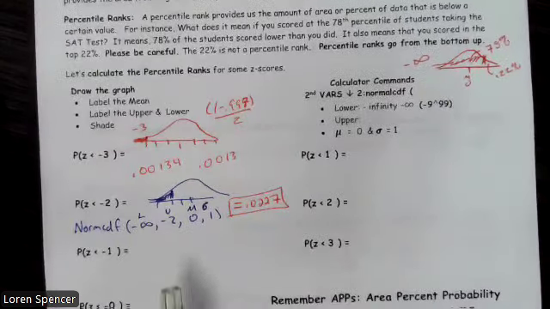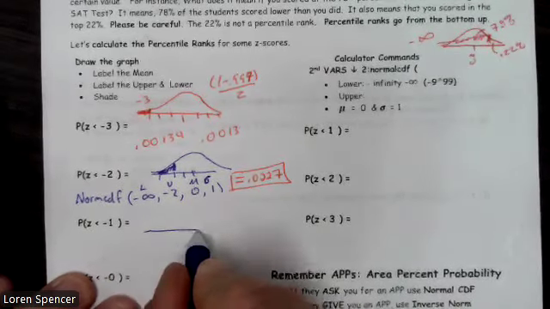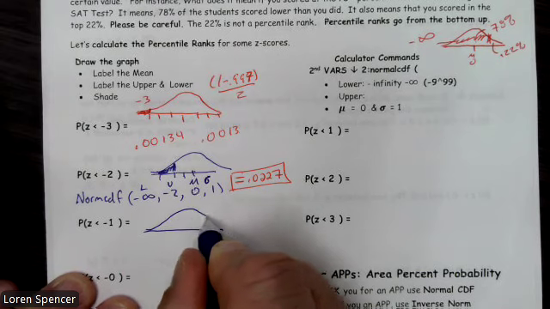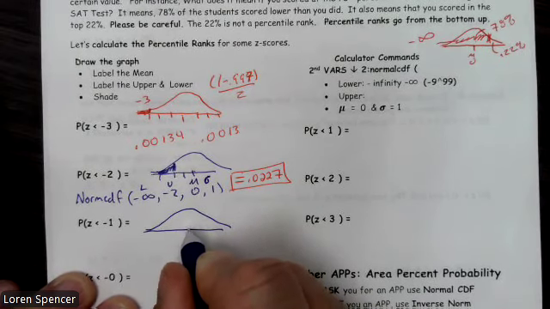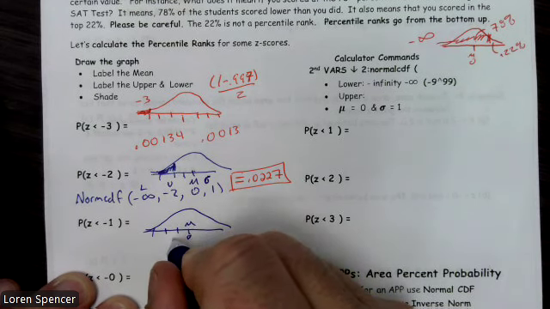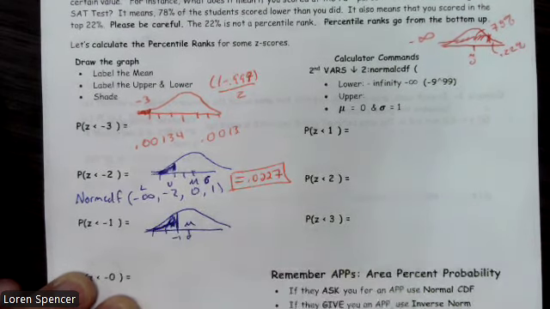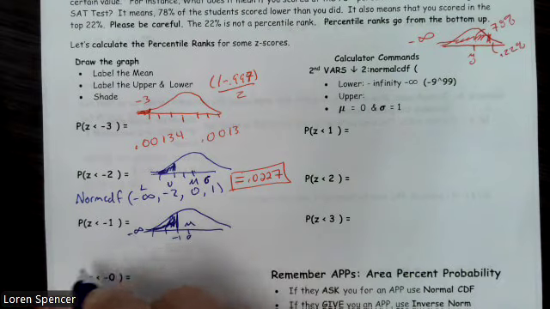The next one: the probability z is less than -1. Mean is 0 because it's a z-score, and they all have mean 0, standard deviation 1. 1, 2, 3, there's -1. We're looking for this area right here, and remember it goes to negative infinity.